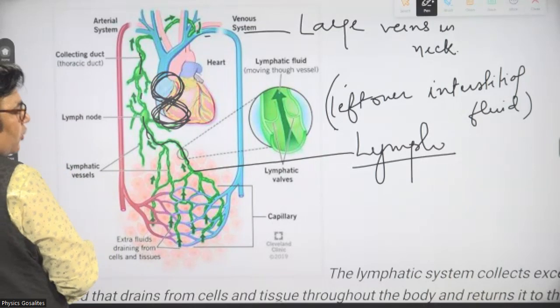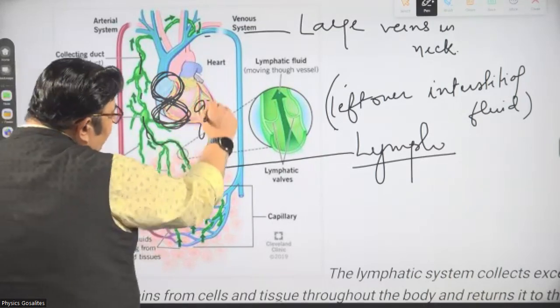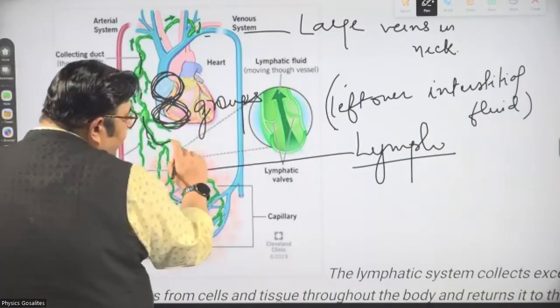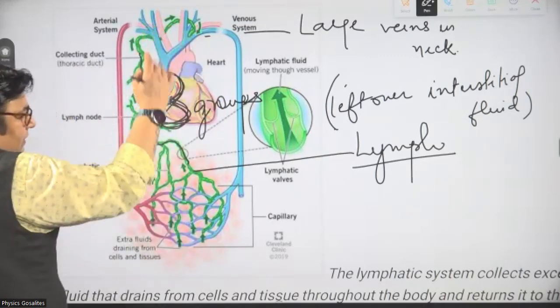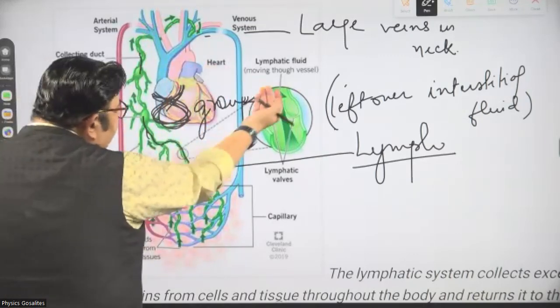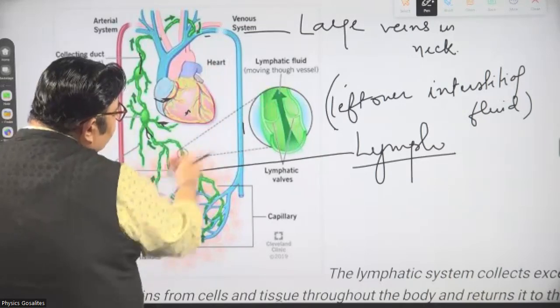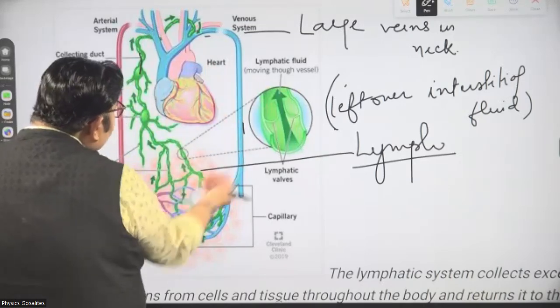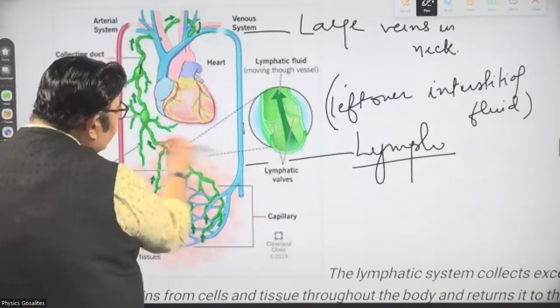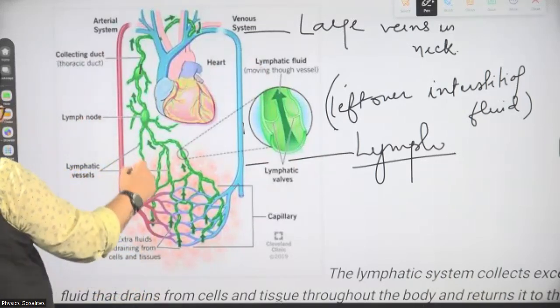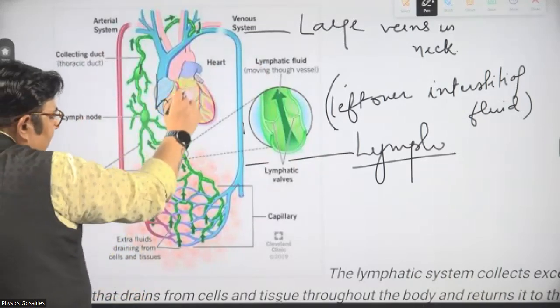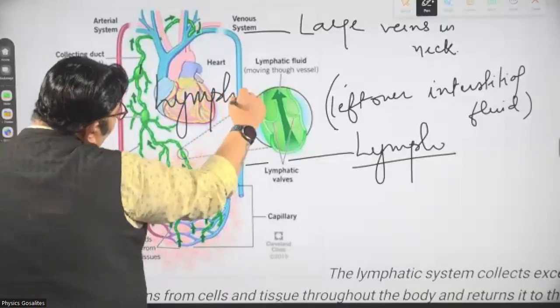Not 80, I am saying 8 groups. There are hundreds of them, collected at 8 different places in the body, and those filtering stations are known as the lymph nodes.